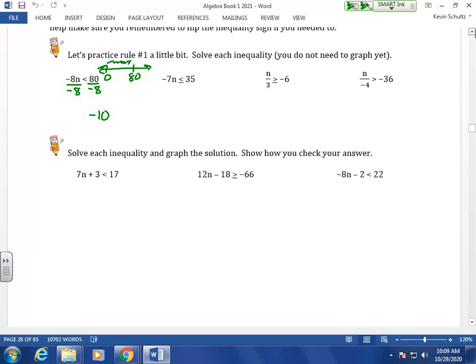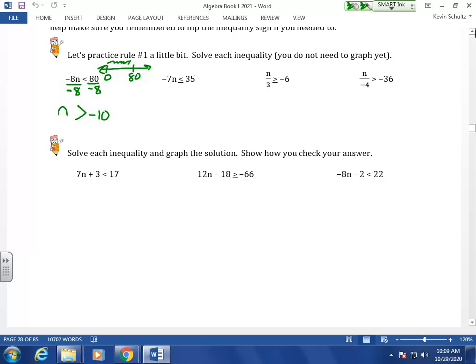And because we've switched the side of the number line that we're on, from positive 80 to the negative side, and we still want this to be on the 0 side, we have to change our inequality as well. So n becomes greater than -10.